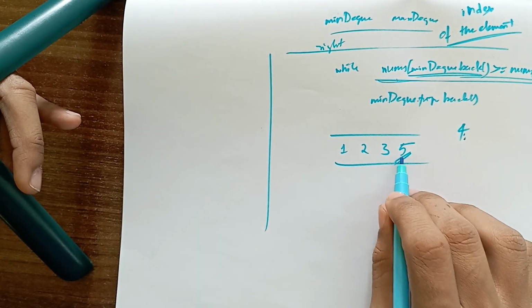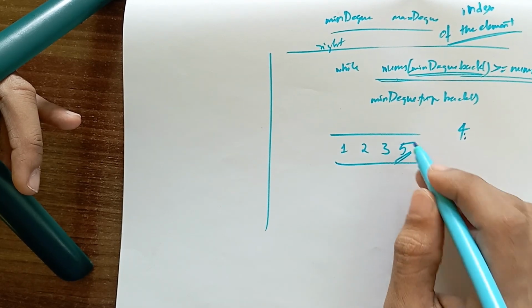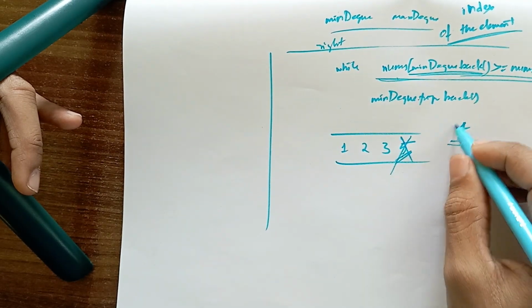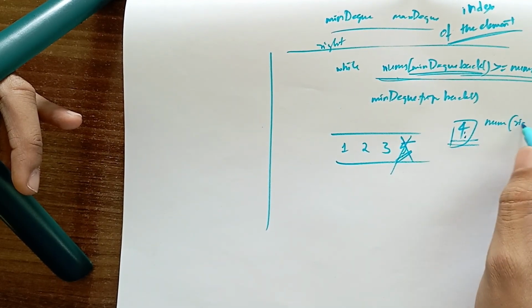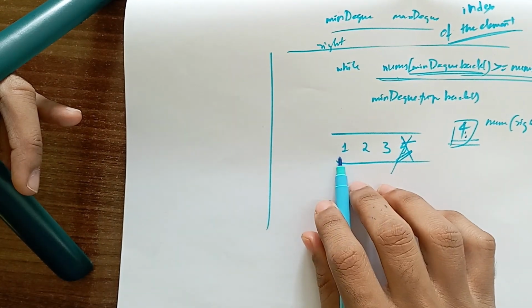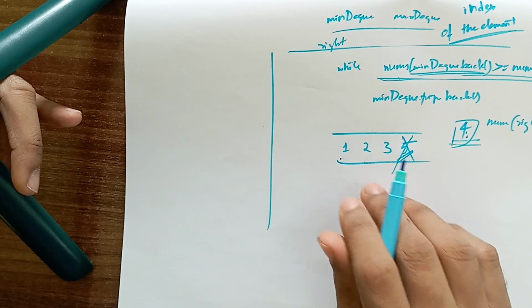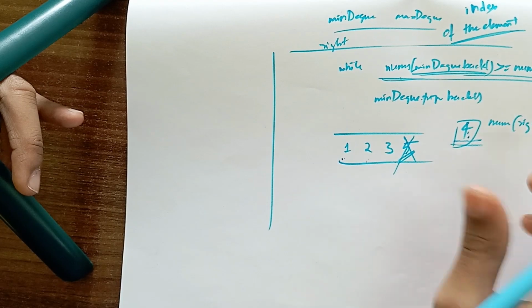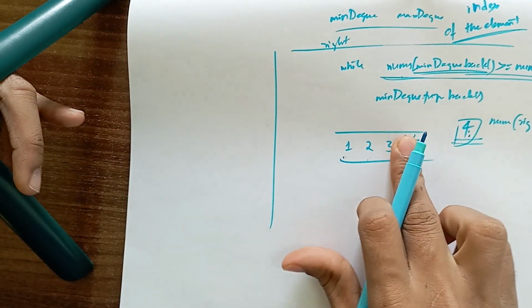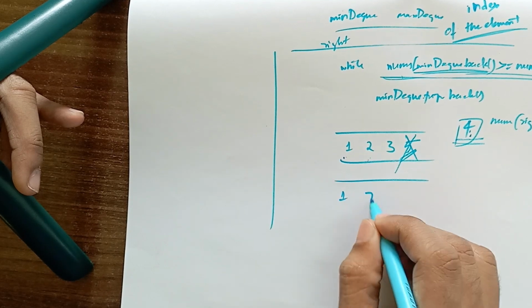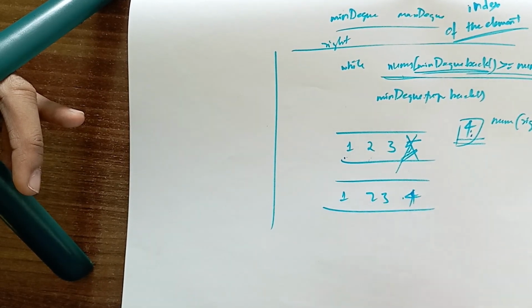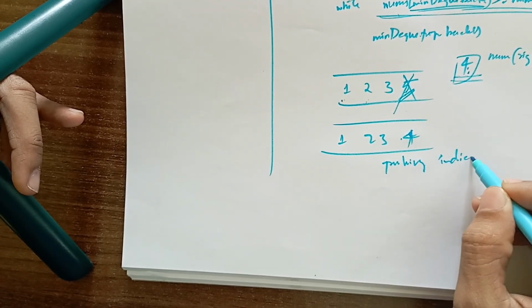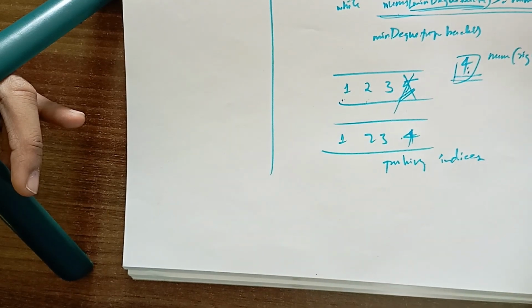That's why we'll be removing all the elements which are greater than nums of right. For your understanding, I am taking the elements, but we will be storing the indices of the array. After removing the greater elements, we'll be pushing back this index from the back, so it will be easier to compute.